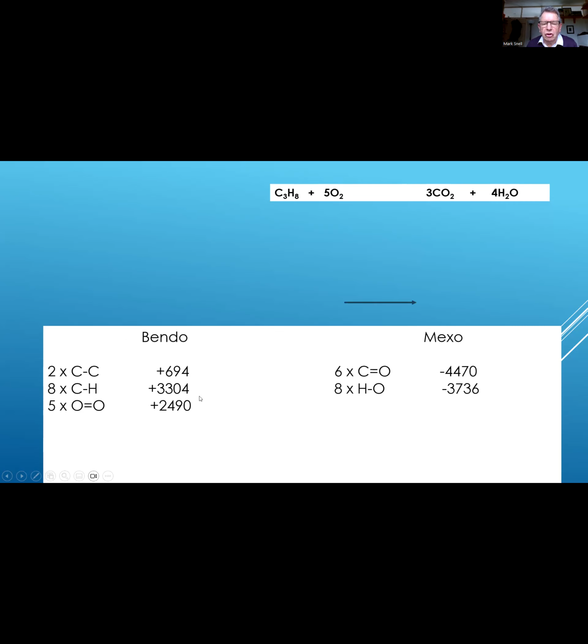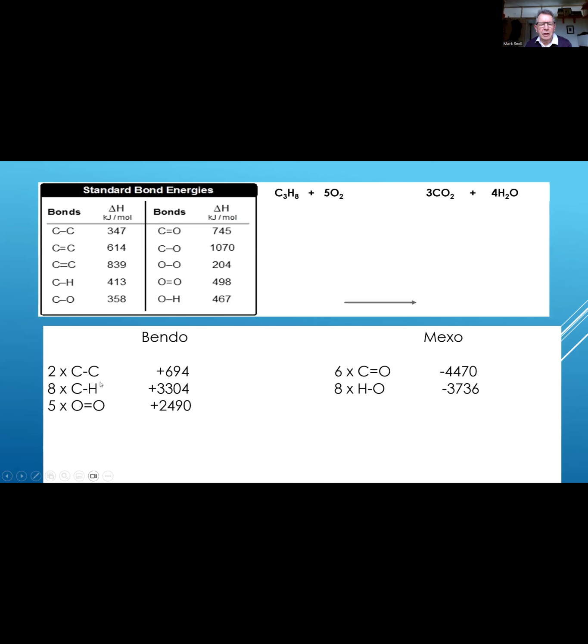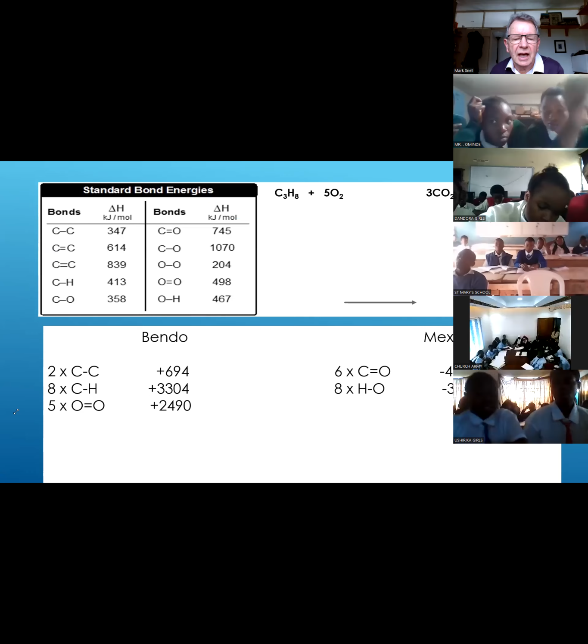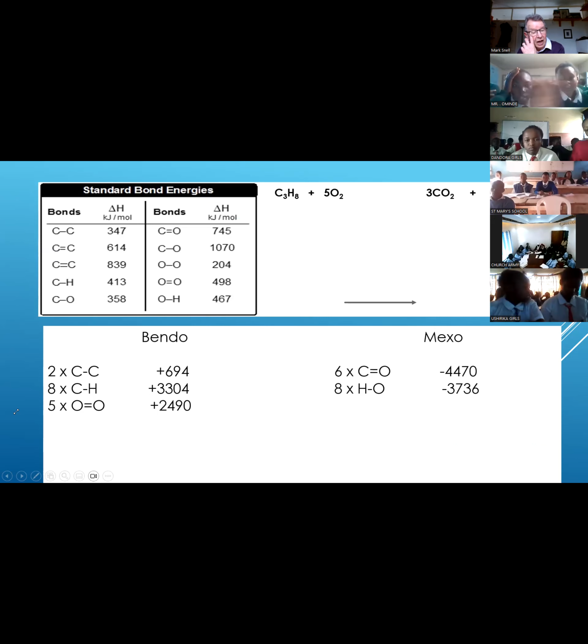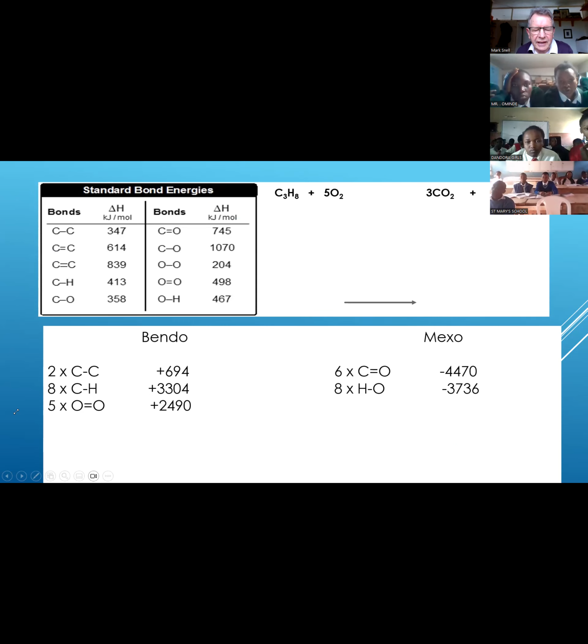I think 2 carbon to carbons will be 694. 8 carbon to hydrogens will be 8 times 413, and that will make 3304. Check it out for yourselves. Then 5 oxygens will be 5 times 498, which is 2490.